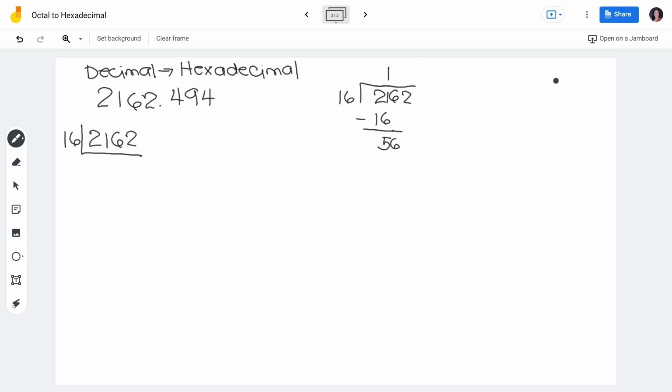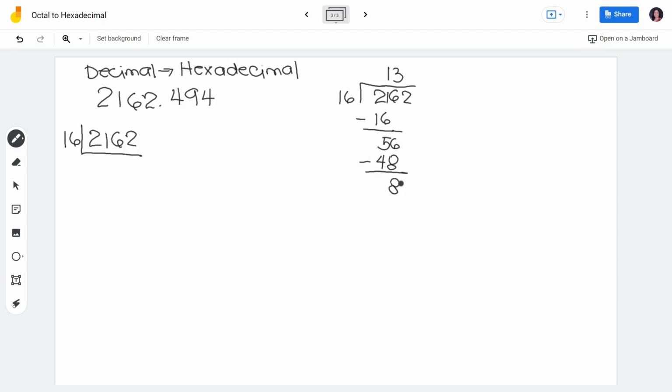Let's try 4. 16 times 4 is 64. No, it will not fit. So this is not correct, it's 3. 3 times 8 is 24, 3 times 1 plus 2 is 48. So 56 minus 48 is 8. Then this will be 0.